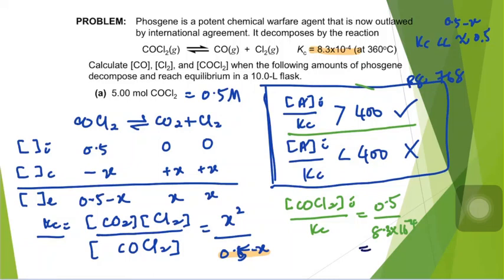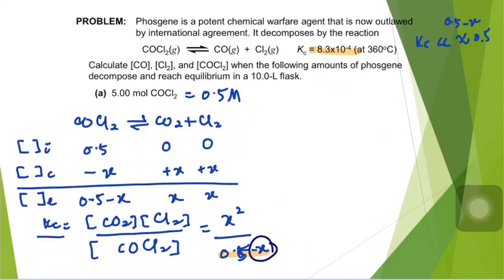So it is equal to 602, which is bigger than 400. So x can be neglected.